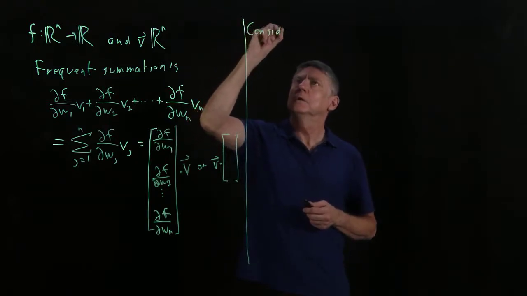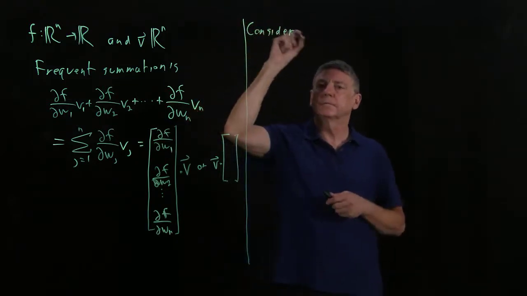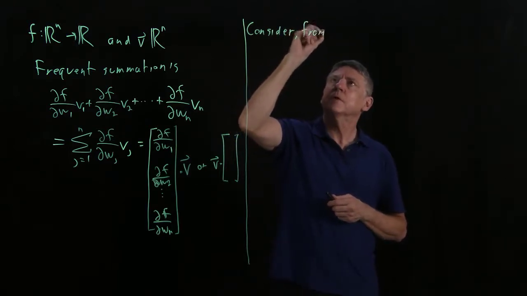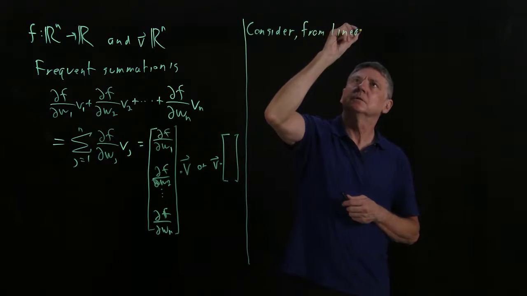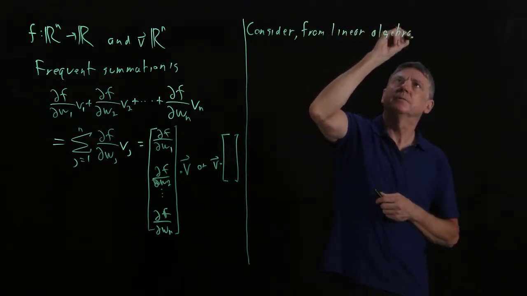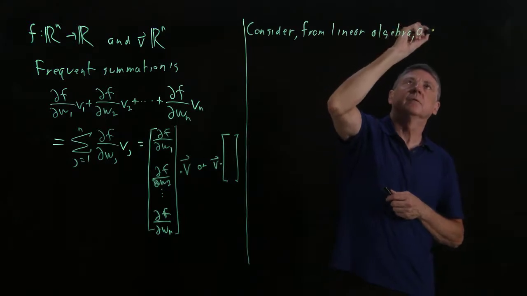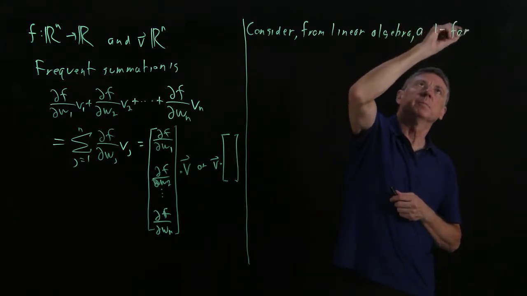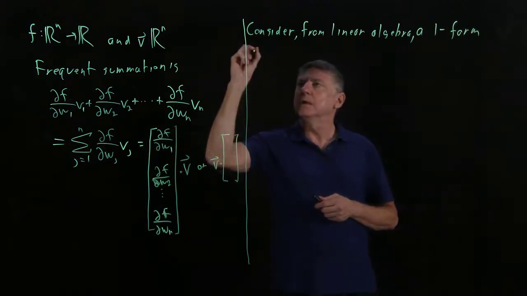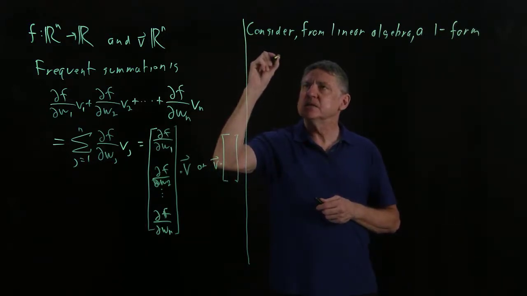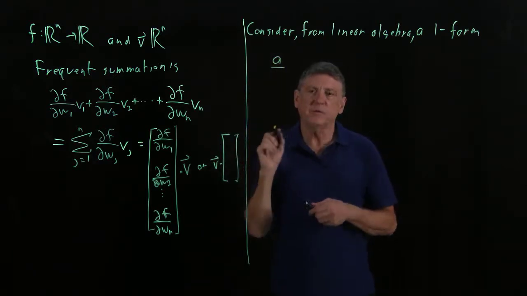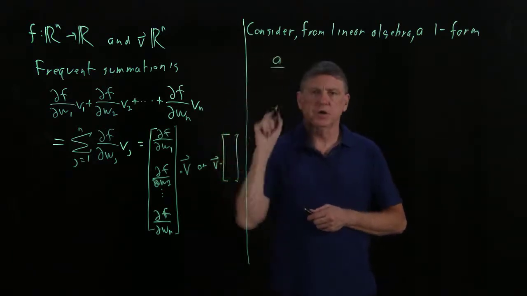So consider, from linear algebra, a one-form. And a one-form is, we will write this as, let's say it's a one-form A. If A was a vector, we would put an arrow on top.